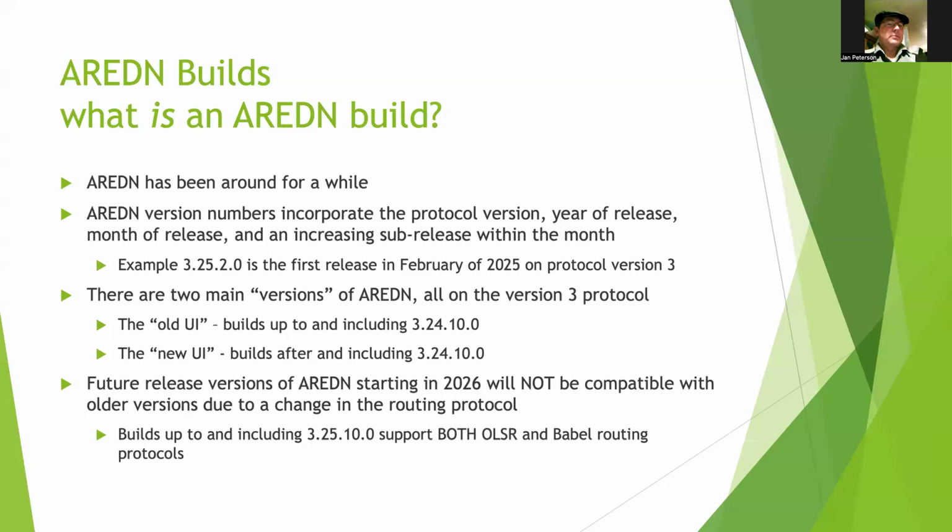There are also nightly builds that you can run, and nightly builds, like they say, they're not built every night, but they're built anytime a commit is made to the source tree. So there are currently 2 branches on the source code. One is the main branch, and that has both the OLSR and Babel code in it. And one is the Babel only branch.